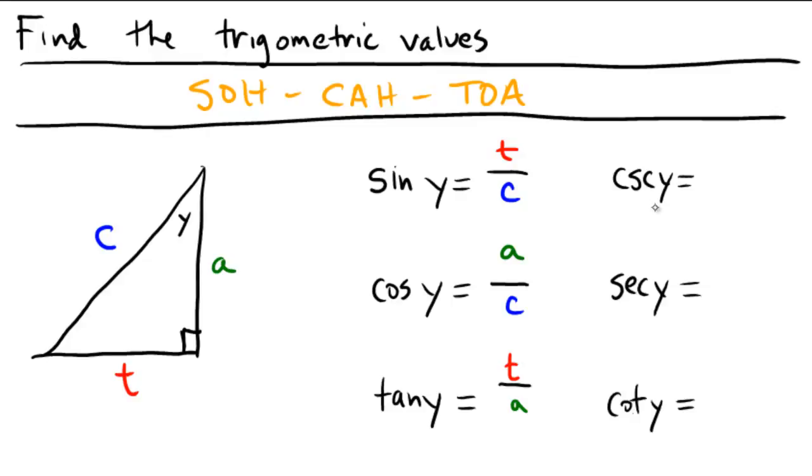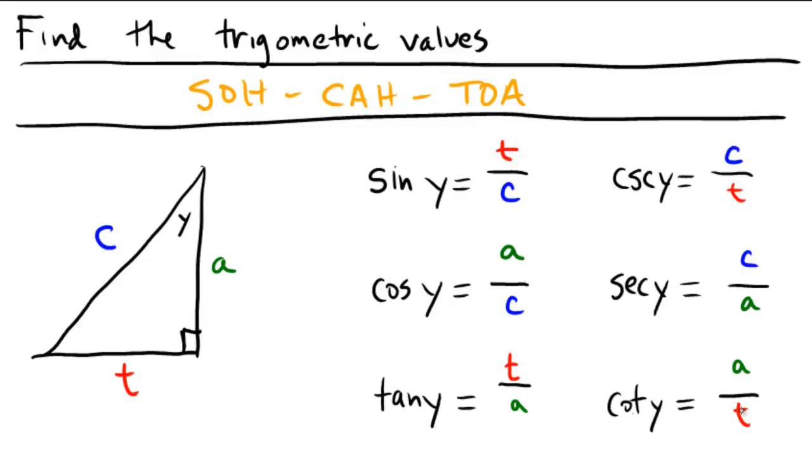The cosecant is the reciprocal of the sine, so you get C over T. For the secant, you do the reciprocal of A over C, so you get C over A. And for the cotangent, you do the reciprocal of T over A, which is A over T. Those are all six trig values for angle y in this diagram.